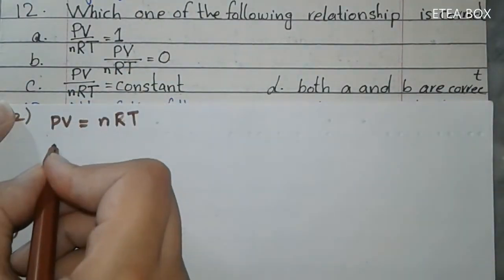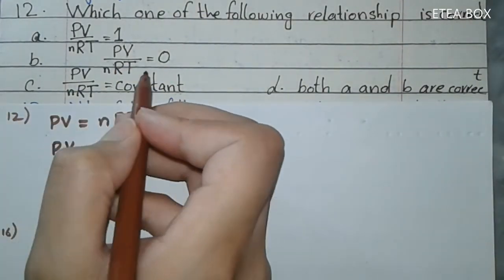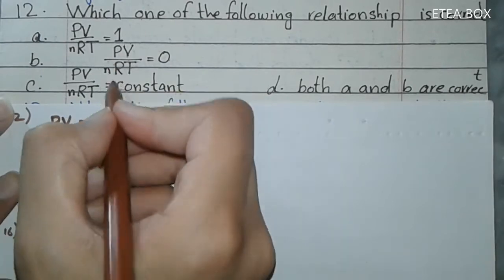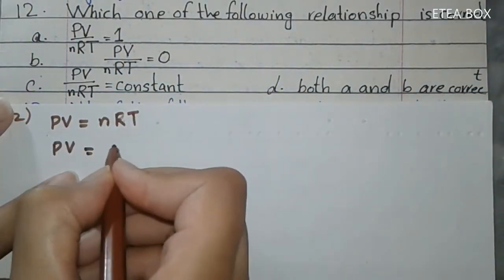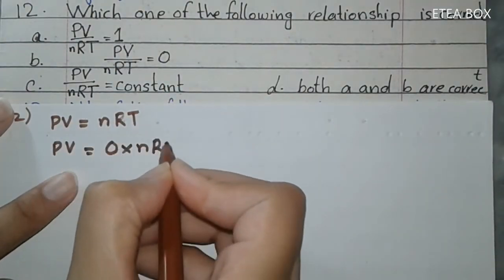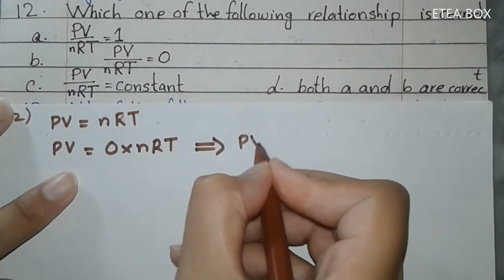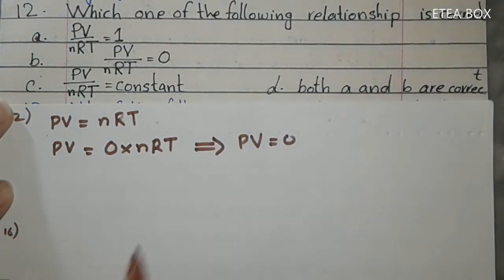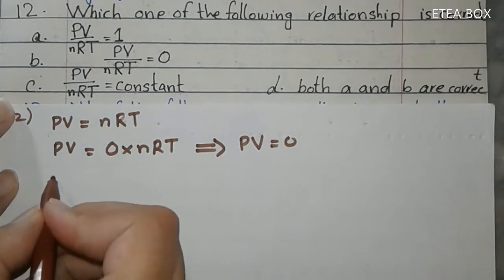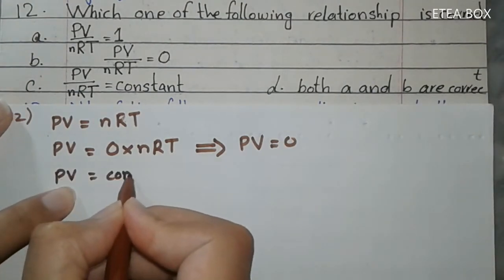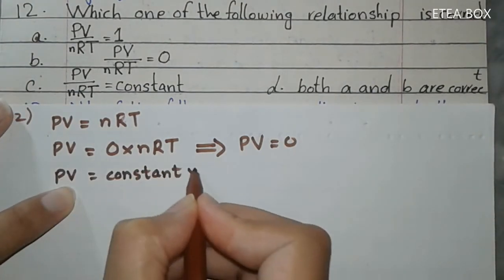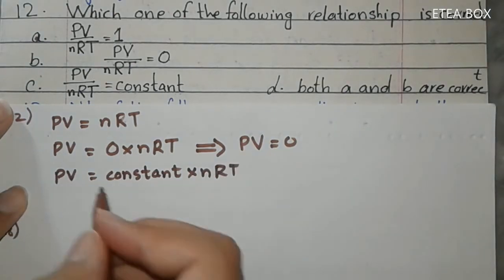Next option, PV divided by nRT is equal to 0. When I bring it over, 0 multiplied by nRT gives PV is equal to 0. Now look at the next one, PV is equal to a constant multiplied by nRT.